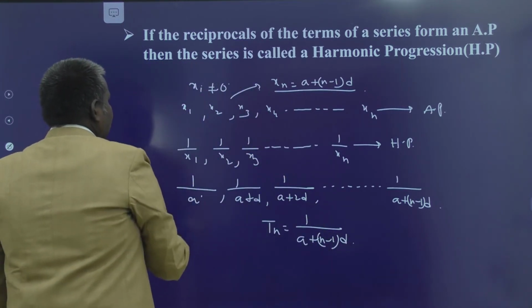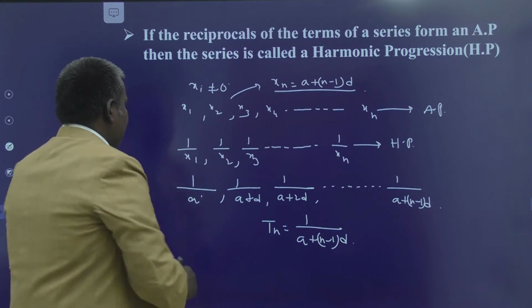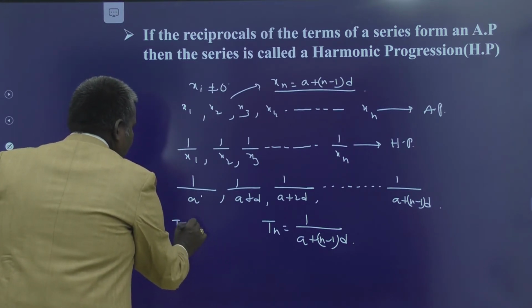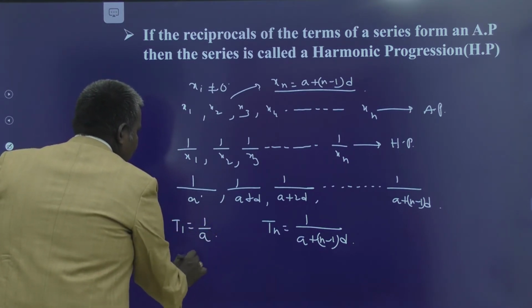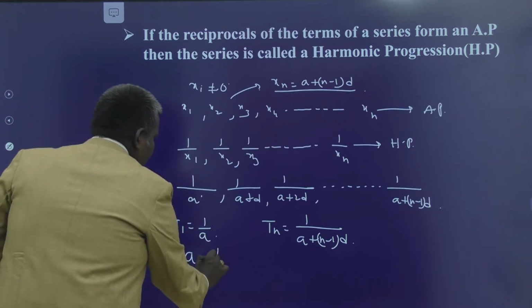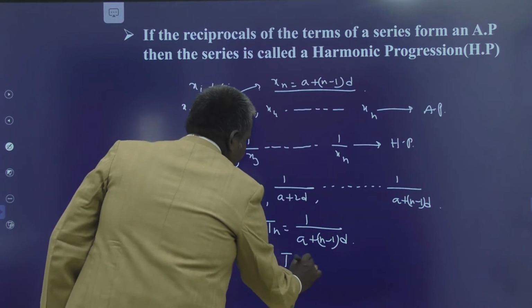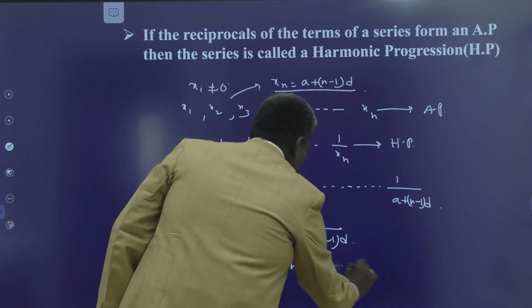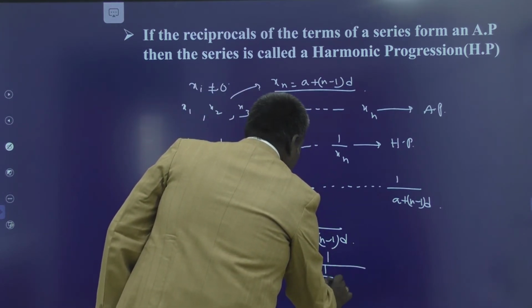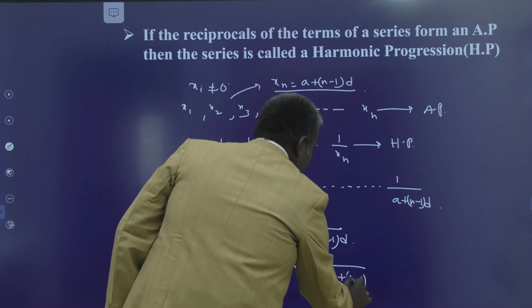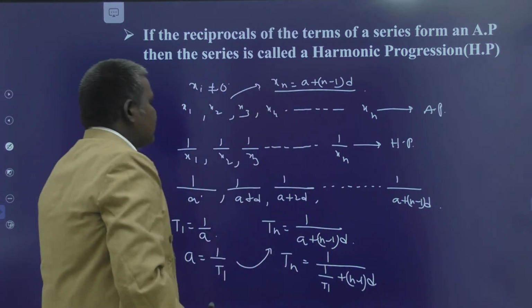From this, the first term is 1 by a. This is T1. T1 is equal to 1 by a. So, what is the value of a? 1 by T1. Therefore, the nth term is obtained by Tn is equal to 1 by (1 by T1 plus (n minus 1) into difference). What is d?